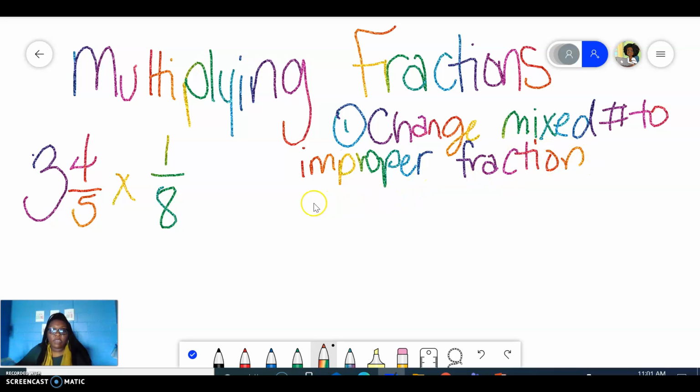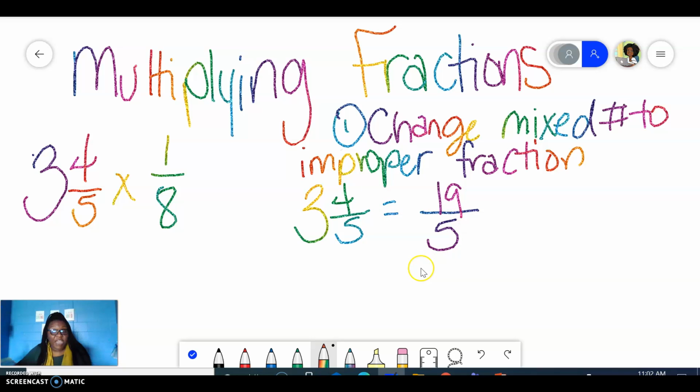I want you to go back and watch our video if you don't remember how to do this. I have to multiply 3 times 5 and then add that product to 4. 5 is going to be my denominator, I just brought it over. 3 times 5 is 15, plus 4 is 19.